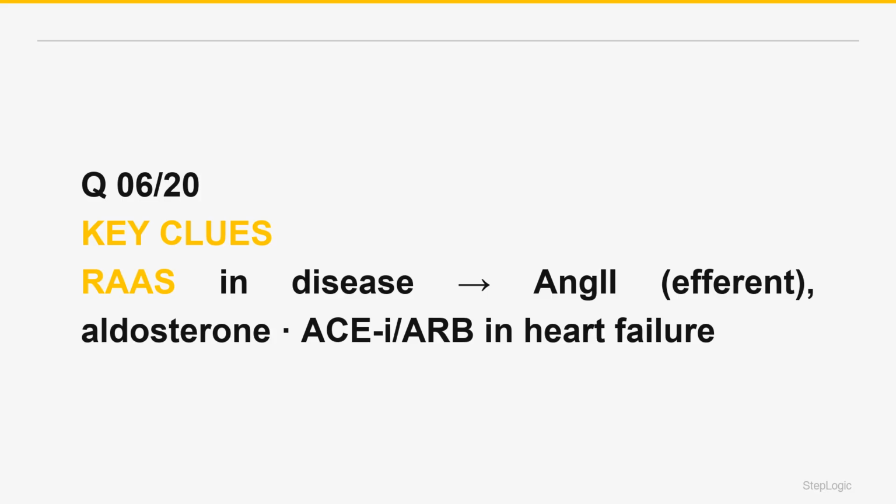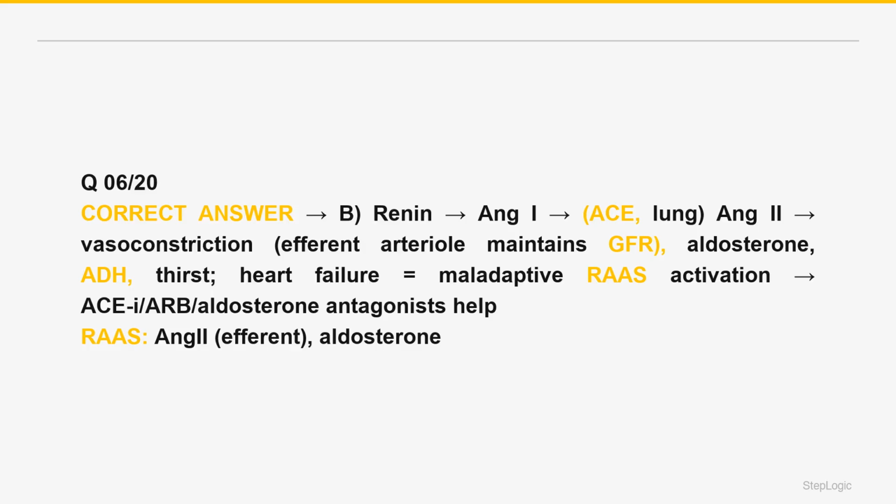Angiotensin II is a potent vasoconstrictor that raises blood pressure, preferentially constricts the efferent arteriole, maintaining GFR when renal flow is low, stimulates aldosterone, sodium and water retention, K+ excretion, stimulates ADH and thirst, and promotes cardiac and vascular remodeling. The correct answer is B.